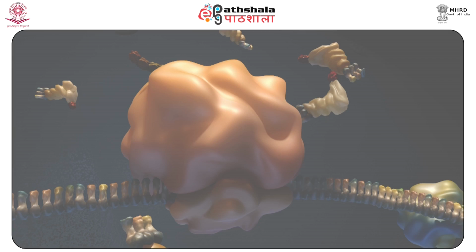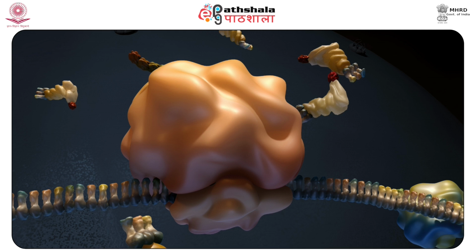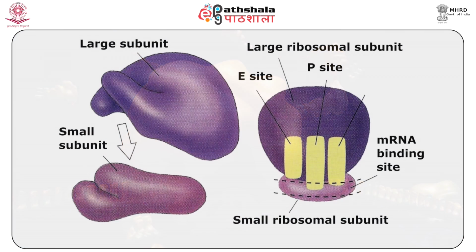Ribosomes in detail. The ribosome is a large and complex molecular machine found within all living cells that serves as the site of biological protein synthesis or translation. Ribosomes link amino acids together in the order specified by messenger RNA or mRNA molecules.